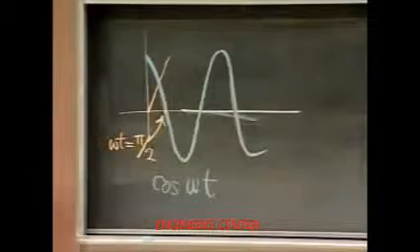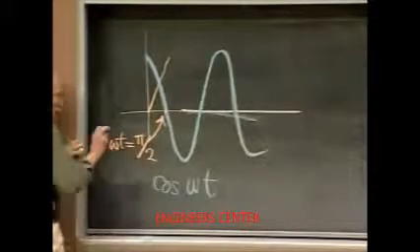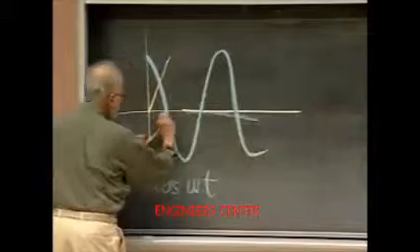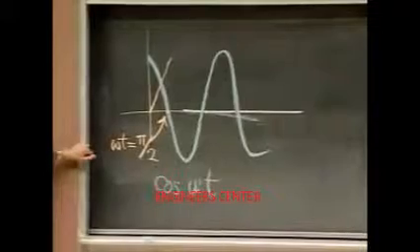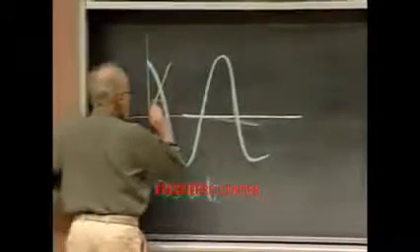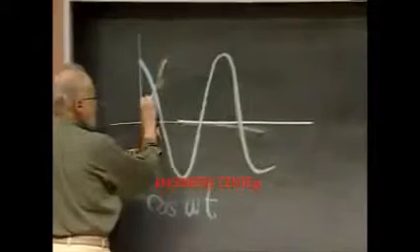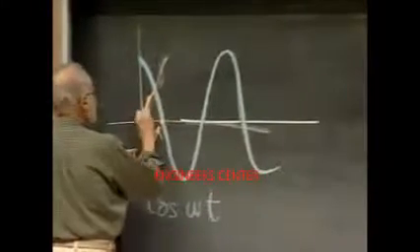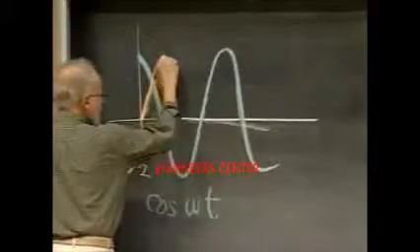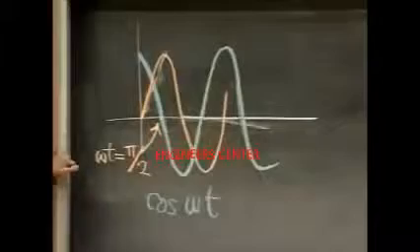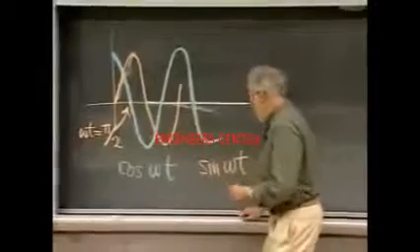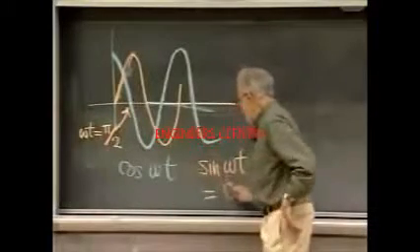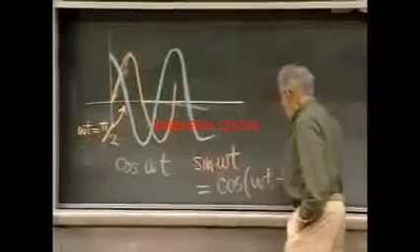It's the value of omega t. And when I do that, the blue curve has been shoved over 1/4 of its total cycle, and that turns it into the sine curve. So this is sine omega t, the yellow thing, but that's also, in another life, cosine of omega t minus pi over 2.